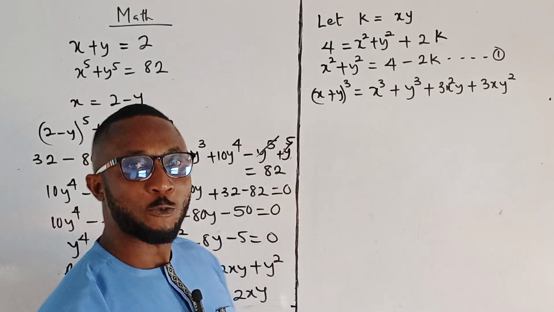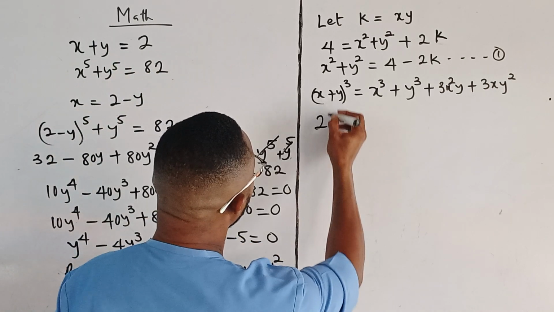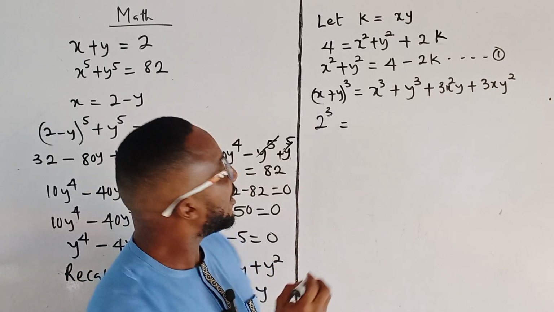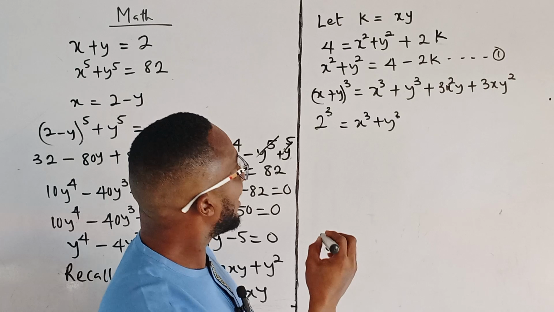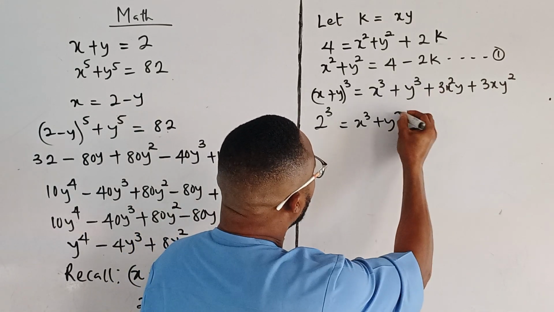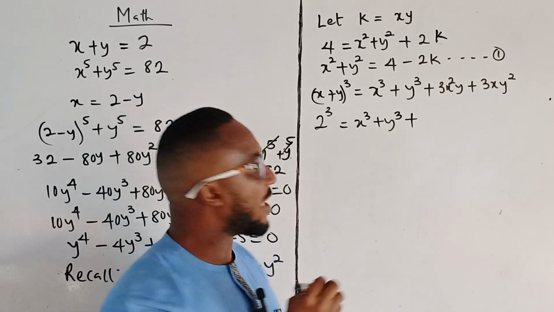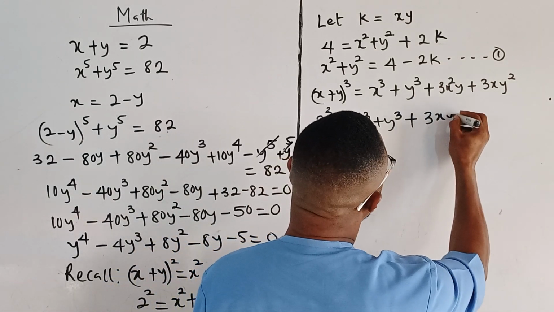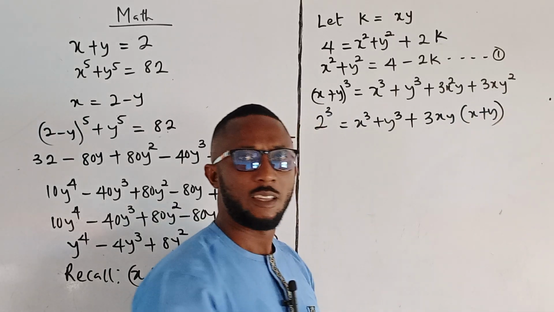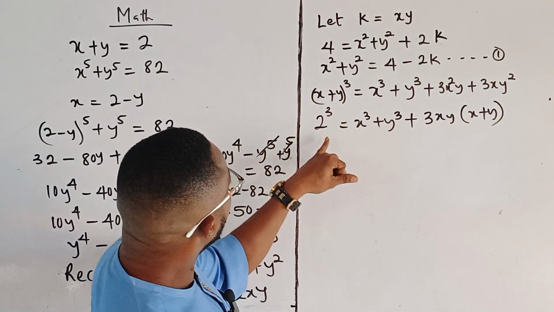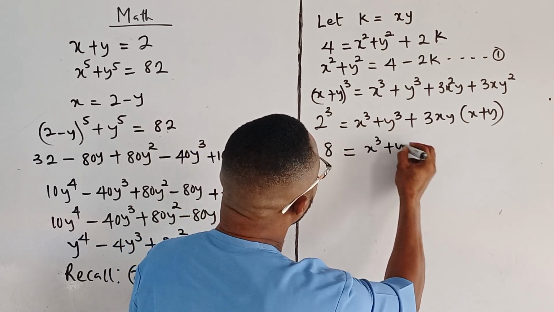Then x plus y is equal to 2, so we have 2 cubed here, then x cubed plus y cubed. Here I will factor out 3xy, so I'll have 3xy times (x plus y). This is going to give me 8 equals x cubed plus y cubed plus 3xy(x plus y).